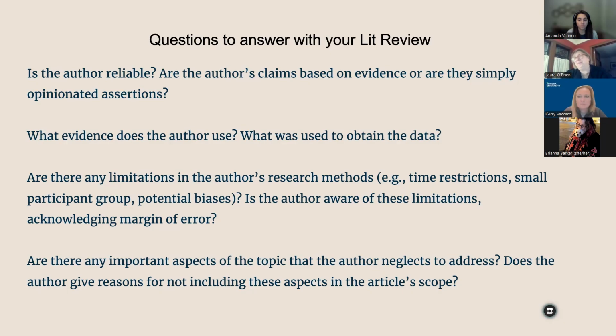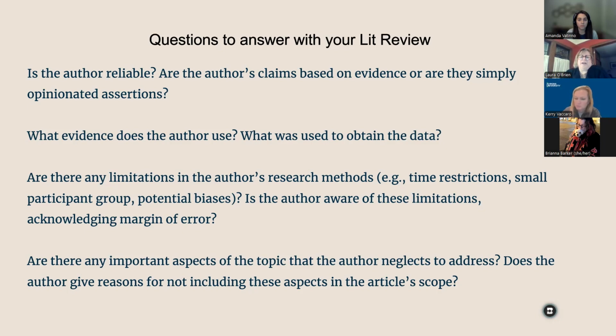And therefore, where then are some of the biases or just maybe limitations? Does the author know about the limitations? And are they kind of upfront about the possibility that this sample size or this particular method can only do so much?